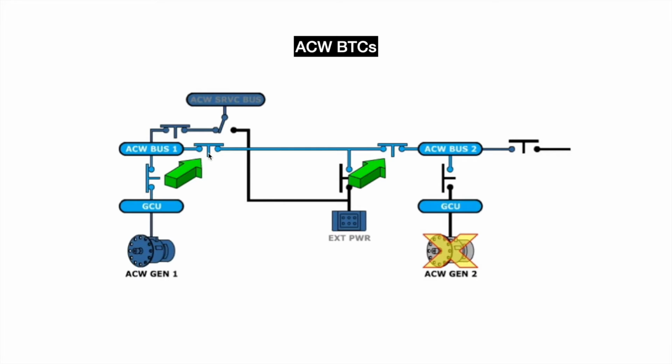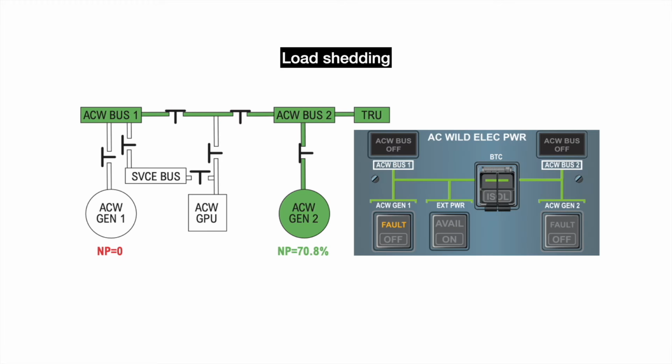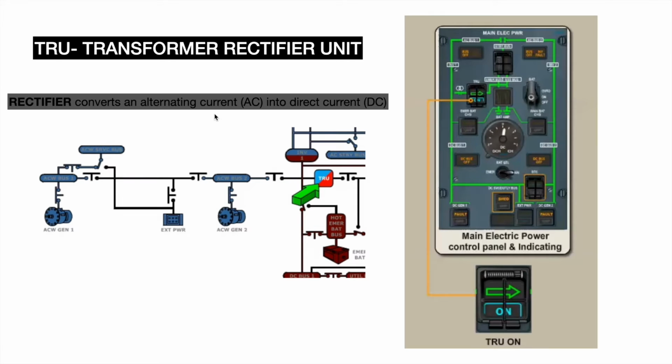You can see this is the first one and this is the second one. These BTCs are also controlled by the BPCU, or bus power control unit. Both the BTCs open or close at the same time. In the AC wild network, as soon as one AC wild generator fails, the AC wild service bus is disconnected for load shedding reasons.